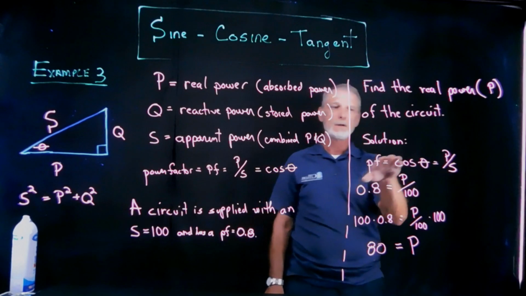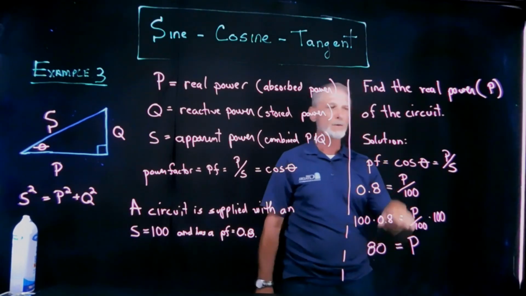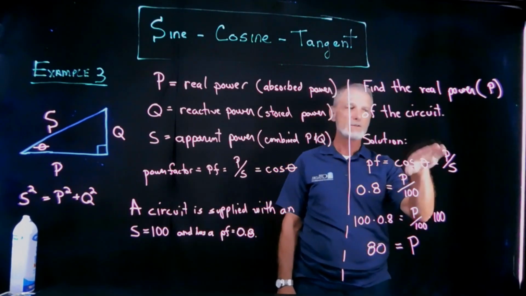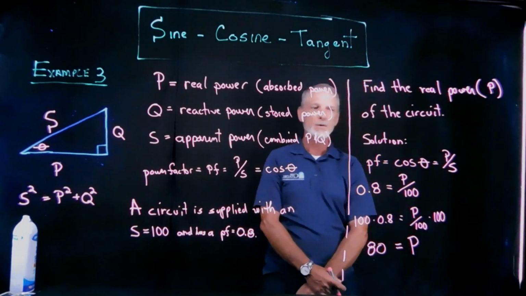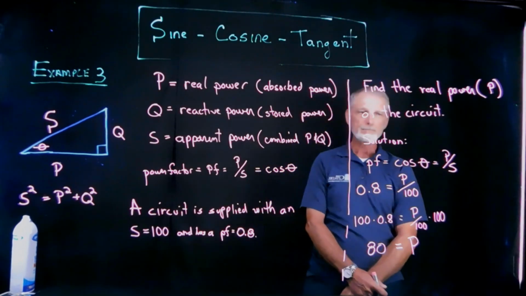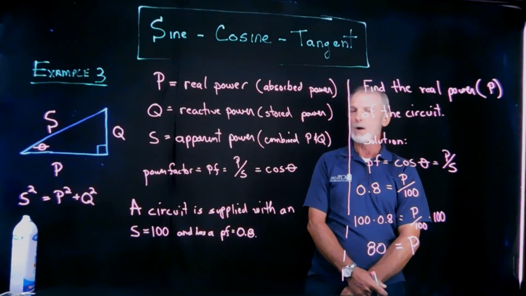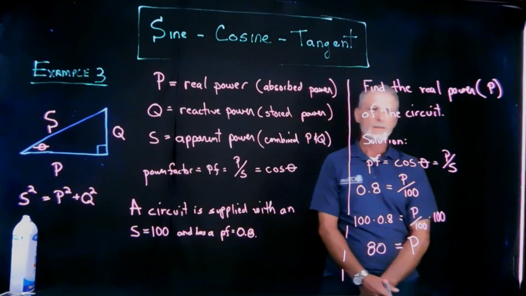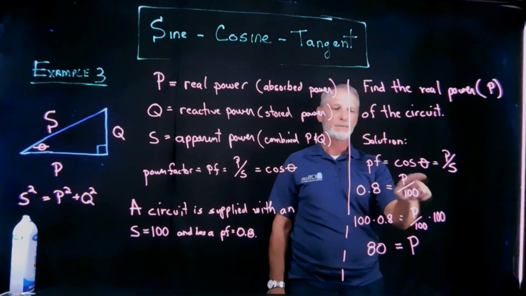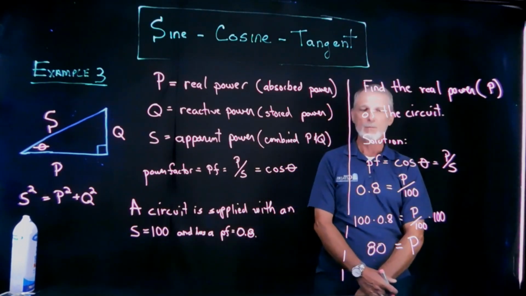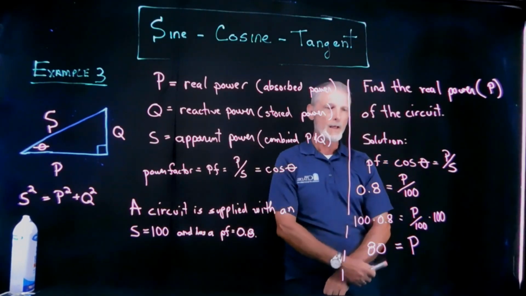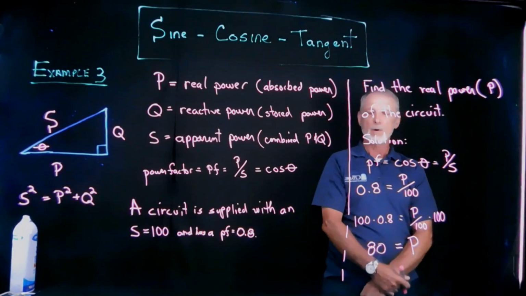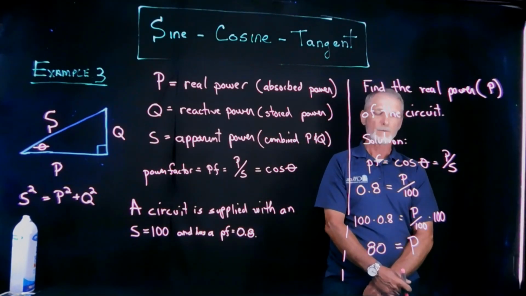The power factor is the cosine of that angle, and we know that it's the ratio of the adjacent side to the hypotenuse using SOHCAHTOA. And we know 2 of those quantities. So we know the power factor is equal to 0.8, and therefore the real power divided by 100 has got to be equal to 0.8. Some of you can do that in your head, but we can also do it by using some algebra.